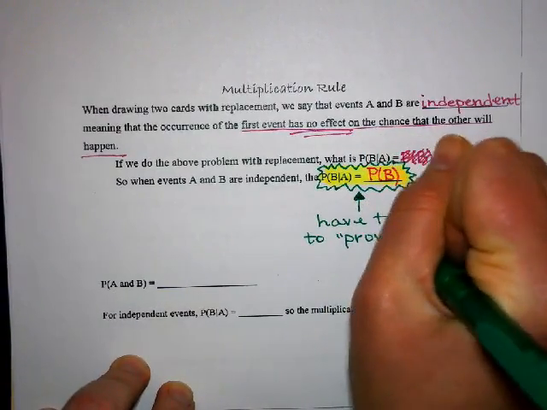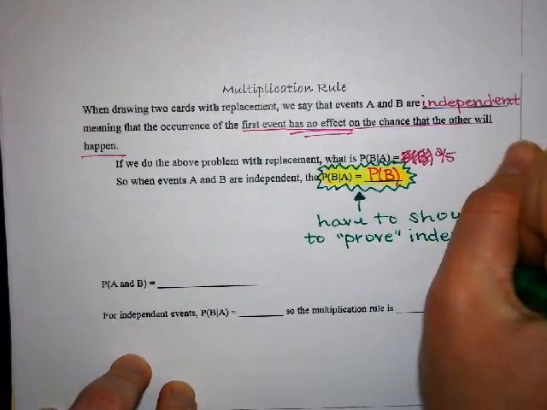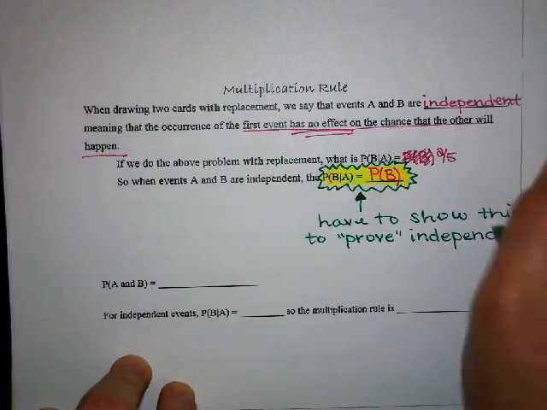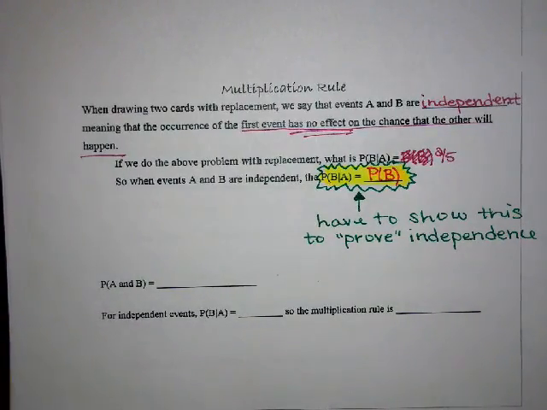And I will go over examples of how to do that, but this is the key to showing 2 events are independent. And you can flip it around.